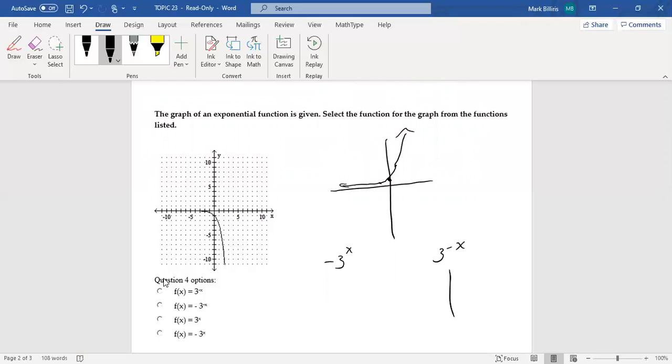So what would happen in that case is our graph would be going the other direction. In this case, all that's happened is that the graph has flipped over our x-axis. So that means the answer would be the opposite of 3 raised to the x power.